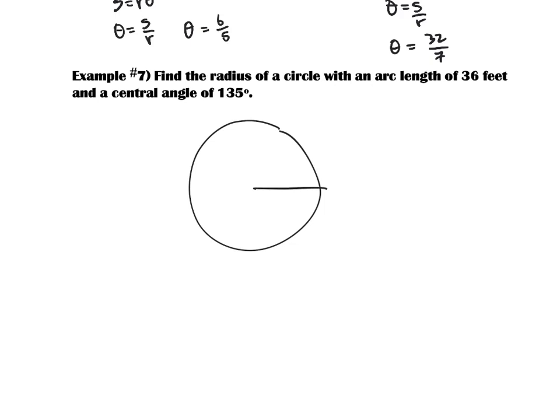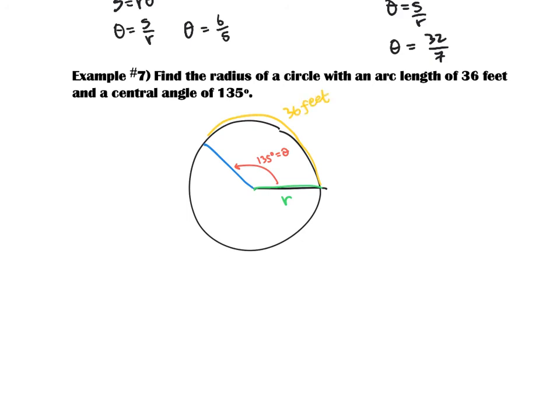Now you could put your central angle wherever you want it. I'm going to put it in standard position. So I don't know the radius length, but I do know that I have an angle of rotation of 135 degrees. That's theta. And I got my terminal side, and I got an arc length of 36.